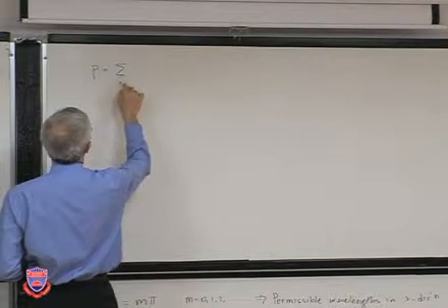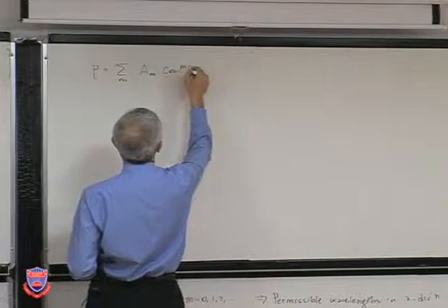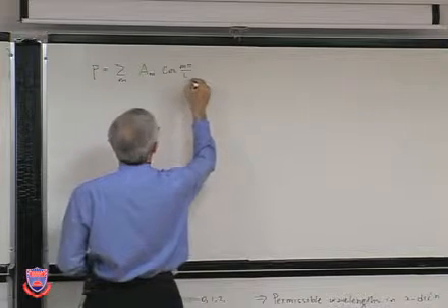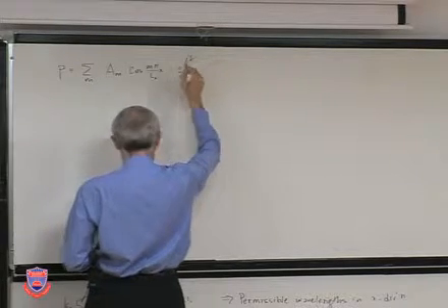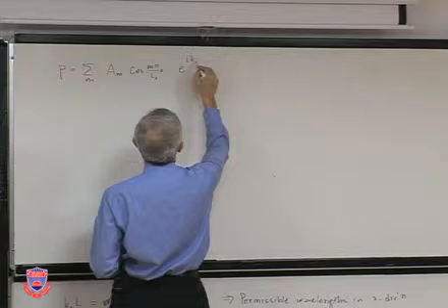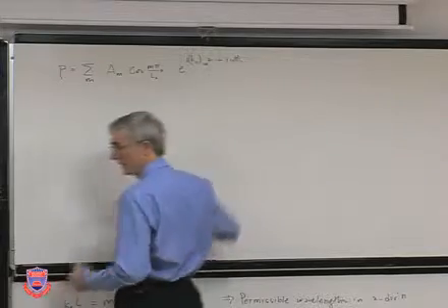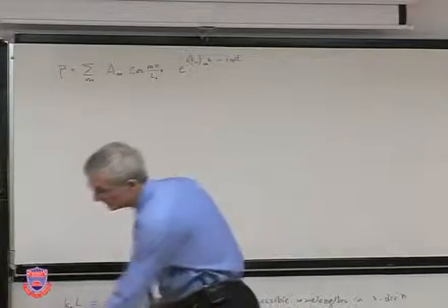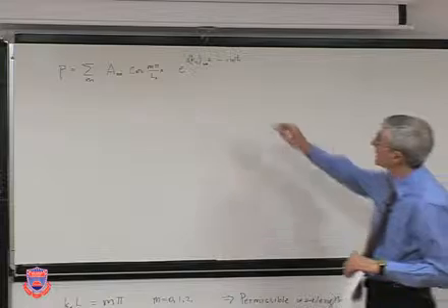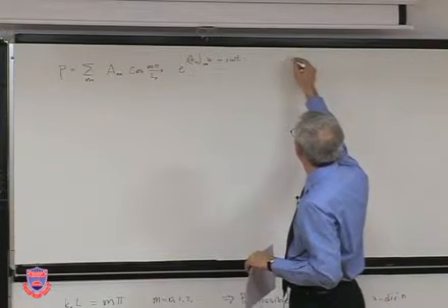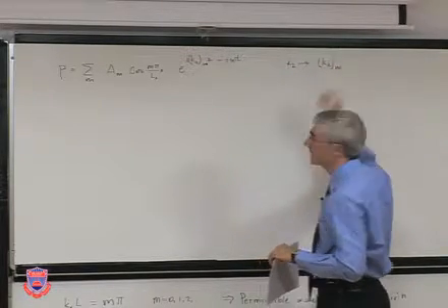Let me just rewrite the same equation. What I have done now is substitute Kz with an expression that says Kz sub m.